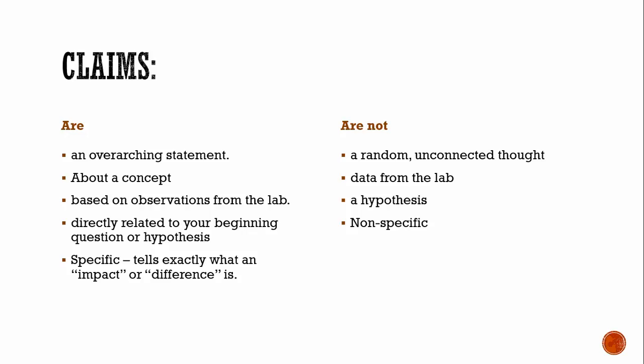It's not data. So you saying something like plant 5 grew 7 centimeters is not a claim. That's evidence. So we're going to talk about the difference between claims and evidence and how evidence supports the claim. But we need to make sure that our claim is actually that overarching statement. It's not a hypothesis, and it's not general.